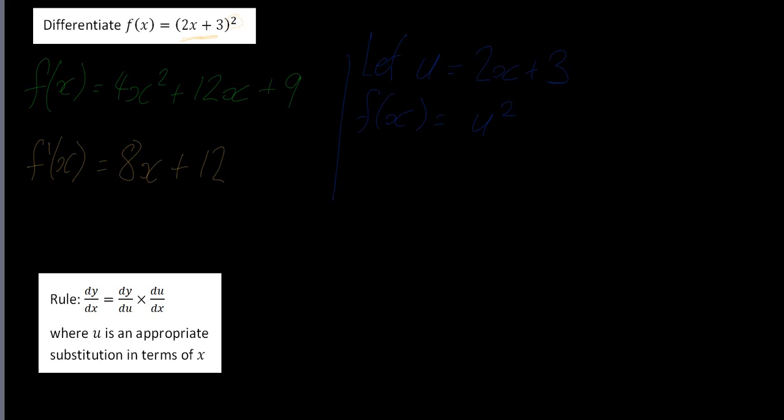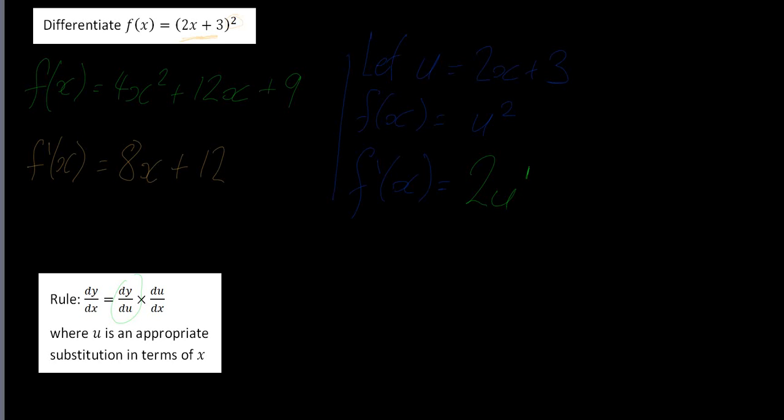Now, first of all, let's write down our derivative function. And if we start off with dy du, we know that's 2u. So when we go from u squared, the derivative function will be 2u. So the index goes down, and the index itself is going to be subtracted by 1. So you have an index of 1 over here.